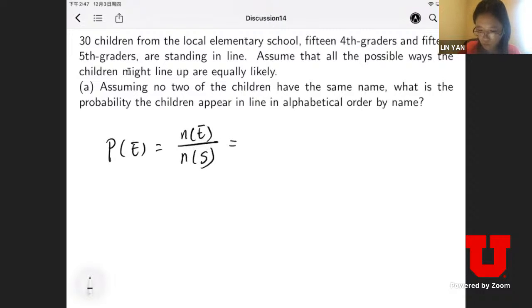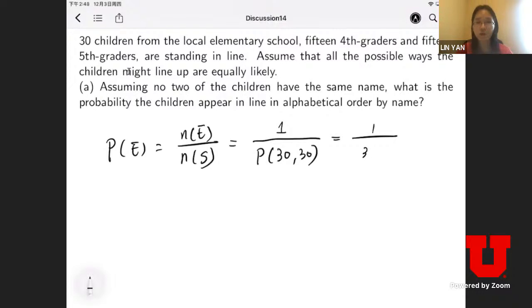We have 30 children and the order matters, so it is 30 permute 30. And we only have one way to satisfy E. So it is equal to 1 over 30 factorial. And this is the answer for part A.